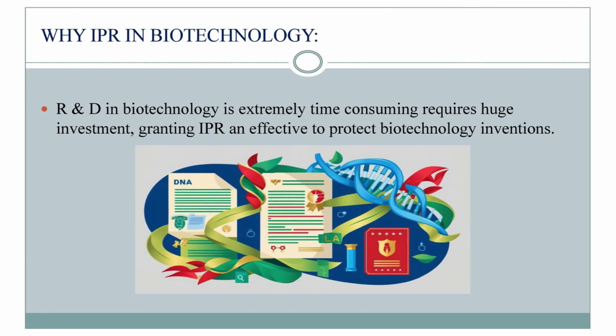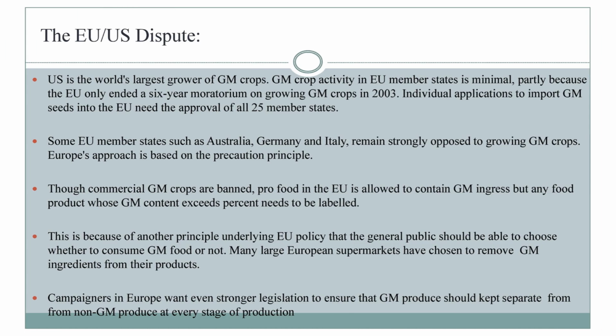Moving further, let's discuss why IP in biotechnology. R&D in biotechnology is extremely time-consuming and requires huge investment, making IP an effective way to protect biotechnology inventions. One more important concept is the US-EU dispute. The US is the world's largest grower of GM crops.